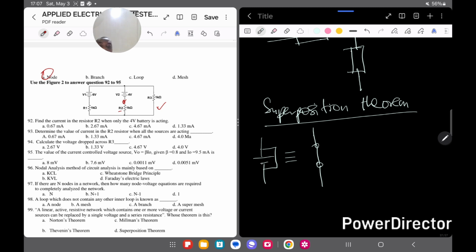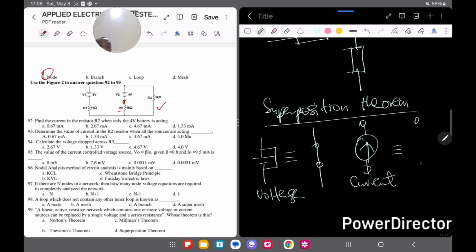Now if you're having a current source, to turn it off, meaning to make the current 0, you just open circuit.